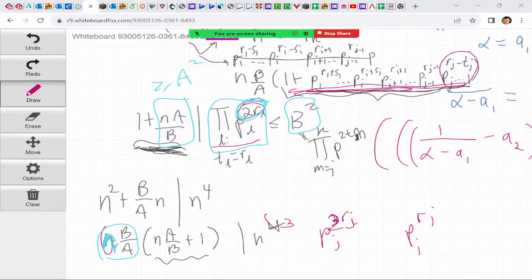You can think of this as N over A times B, right? Because A has nothing to do with B, the N over A is essentially B squared here, as far as the primes are concerned.